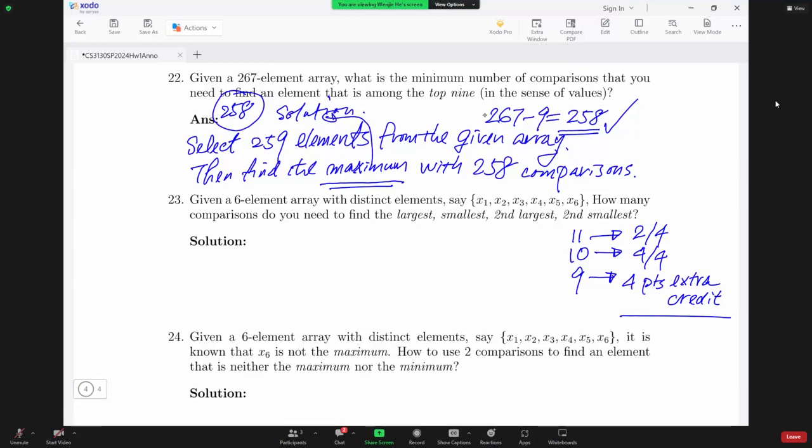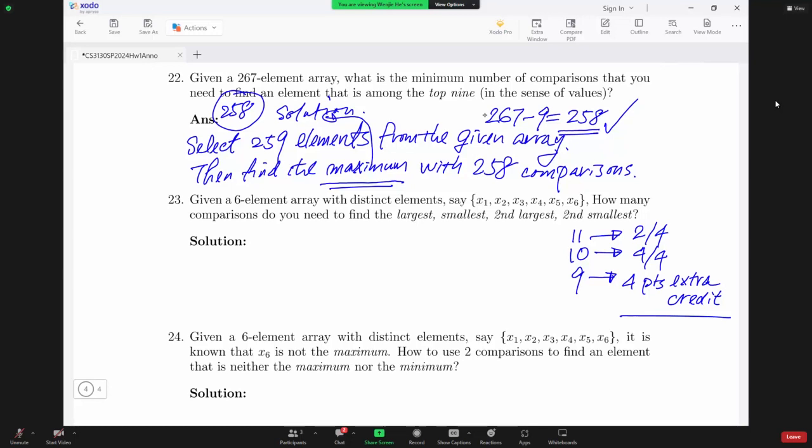When we start, let's use our finding maximum, minimum, the old one, but let's borrow first a few steps from there. When we start, we use the tournament method. 3 pairs, we do comparison.